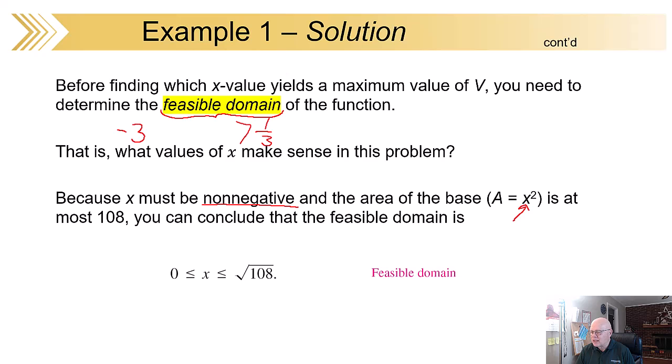There's no such thing. So x is positive for one thing, and also because x is related to the 108, it also means that x is less than or equal to the square root of 108.